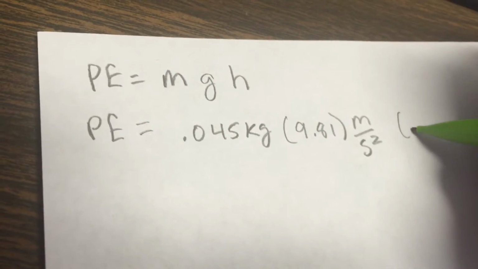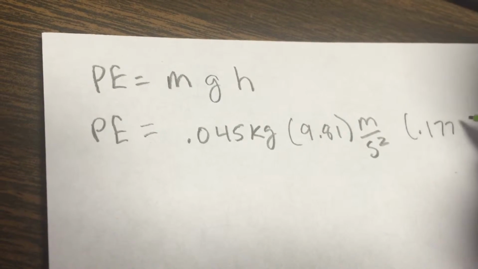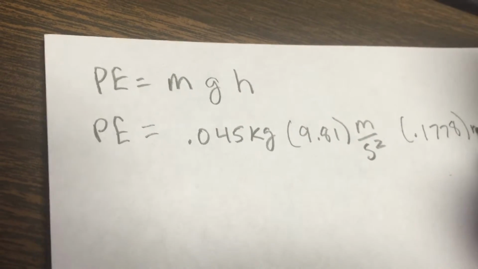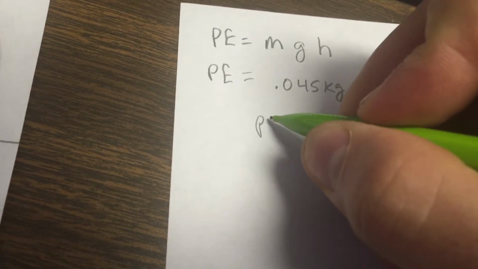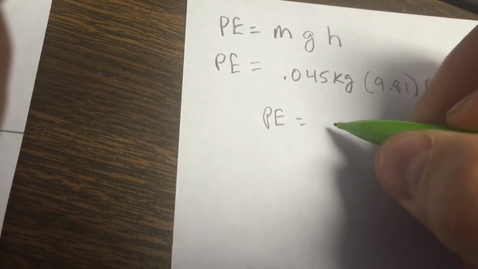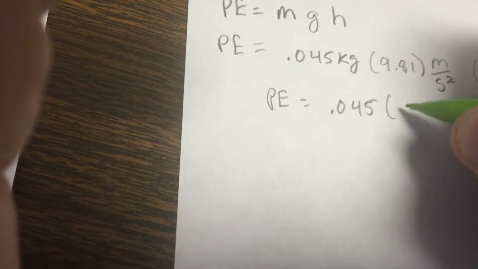And our height of our golf ball in this case is approximately 0.1778 meters. And for these problems, we need to be in meters and kilograms. I'm going to go ahead and group my numbers and my units to simplify this just a little bit.